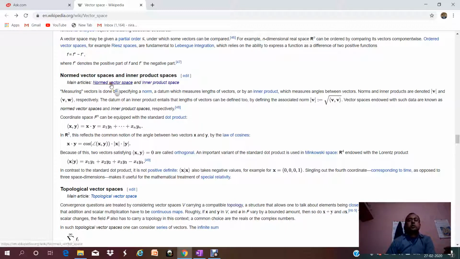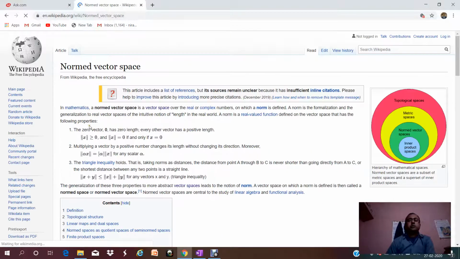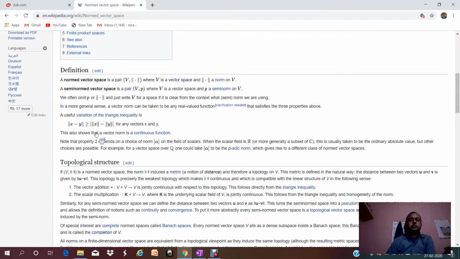So I am looking at another property of normed vector spaces.